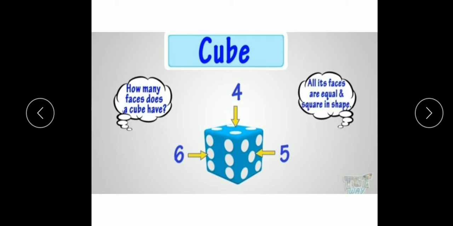Right children? And one more important thing: all the faces of a cube are equal and they are square in shape. How many faces are there? 6. All these 6 faces are equal and square in shape.